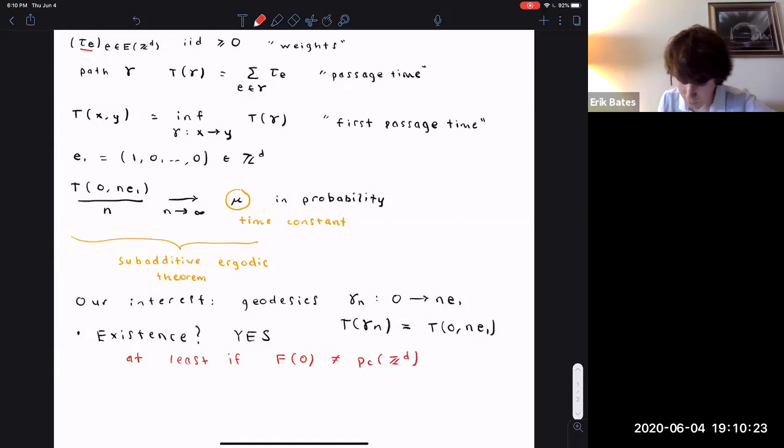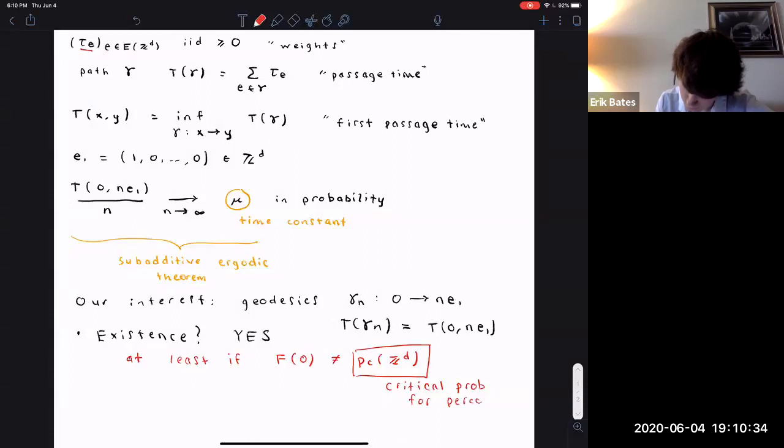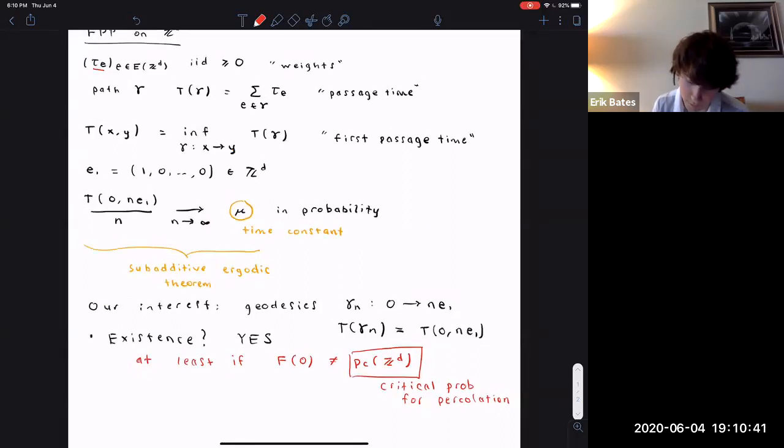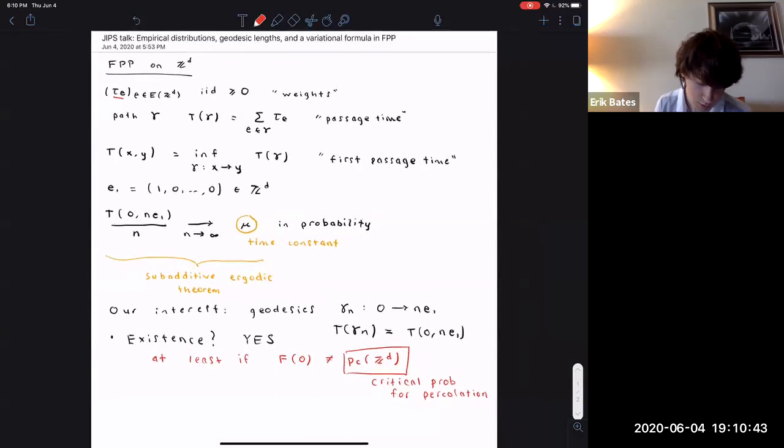That is, if p_c of Z^d is the critical probability for Bernoulli percolation, then as long as the atom at 0 does not have that critical probability, in fact geodesics do exist.